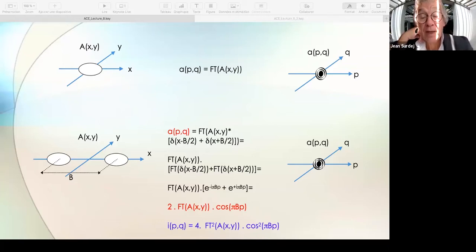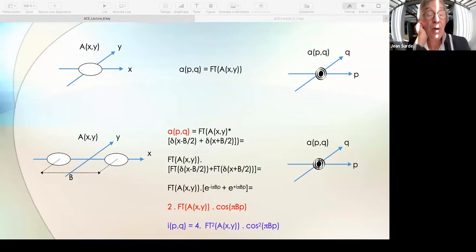We get 4 times the square of the Fourier transform of the original aperture by the square of the cosine of pi times b, which is the baseline, the separation between the two apertures, times p, which is a variable. And if you look on the right side, you see that now superimposed on the Airy disk, we see the bright and dark fringes.